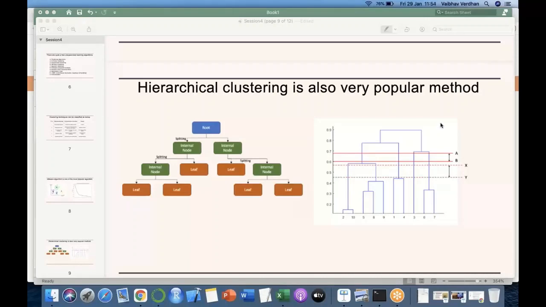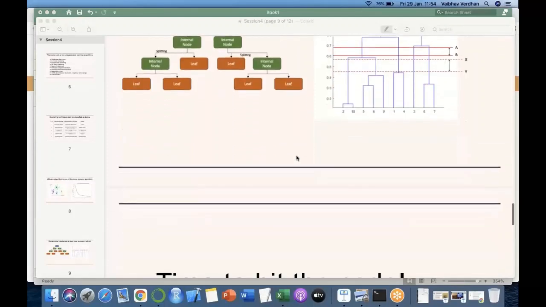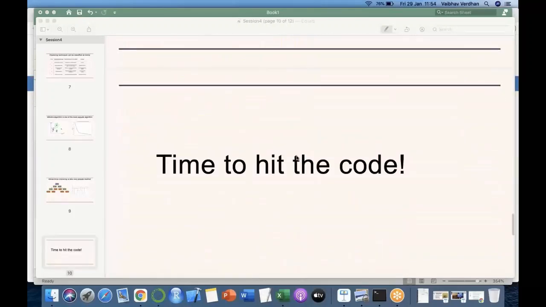You would not test your solution with only one algorithm. You would test with 2 or 3 algorithms. And generally, k-means clustering and hierarchical clustering are both contenders for that, right? So let's go to the code now.